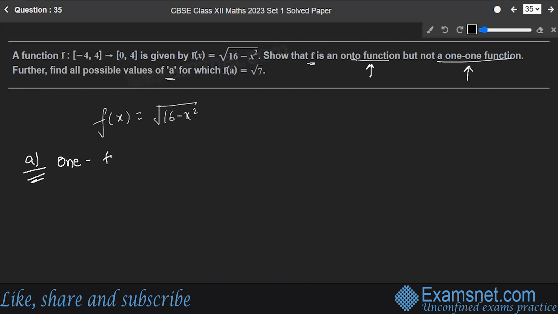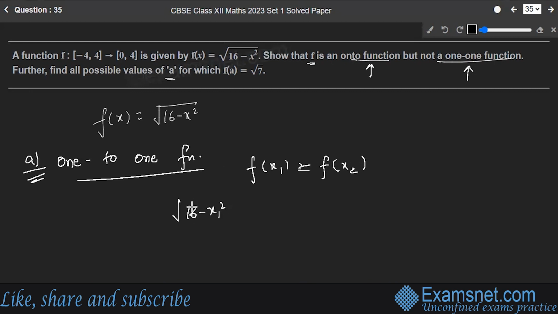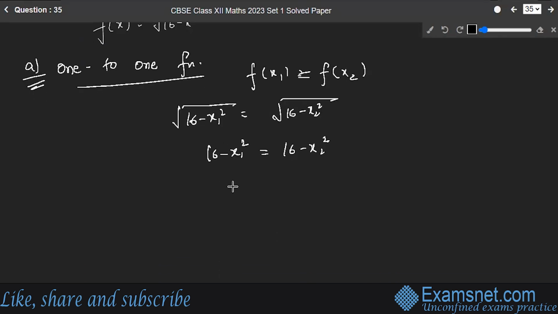So first of all, let's see whether the function f is one-to-one or not. If it is a one-to-one function, then f(x1) should be equal to f(x2). That is, root of 16 minus x1 square should be equal to root of 16 minus x2 square, which gives you 16 minus x1 square should be equal to this. 16 will cancel and you will have x1 square should be equal to x2 square, which is x1 square minus x2 square is equal to 0.